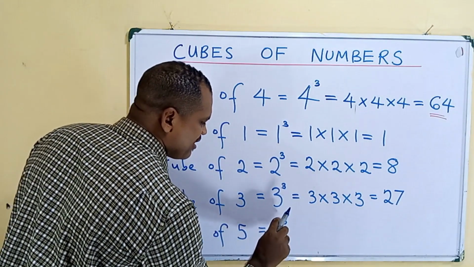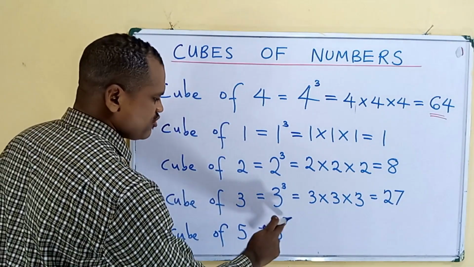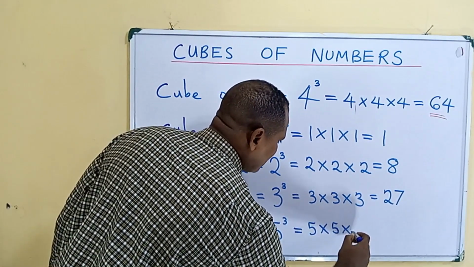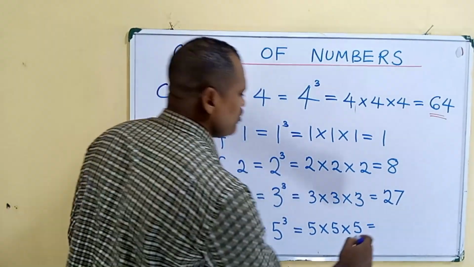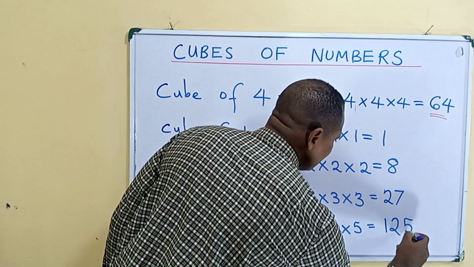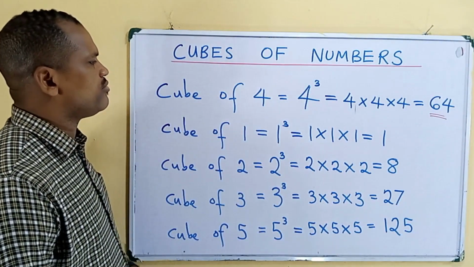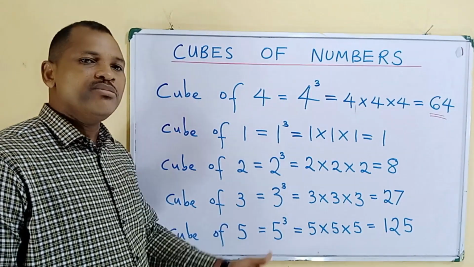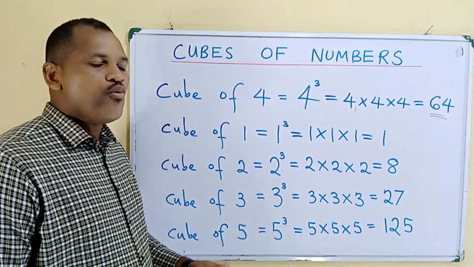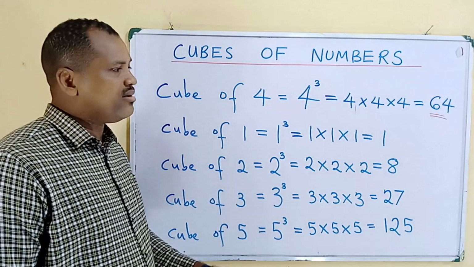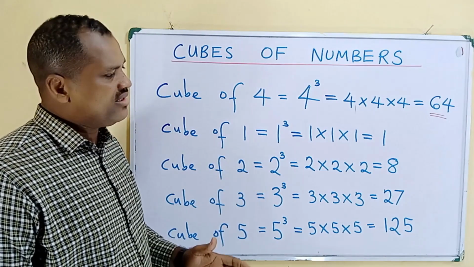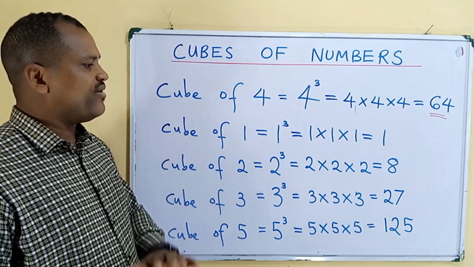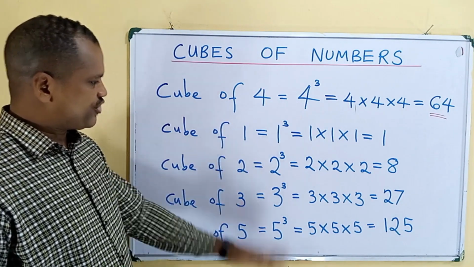Your normal 5 and a small 3 above it, somewhere here. And this means 5 times 5 times 5. And this will give you 125. So, if someone asks you the cube of a number, it simply means what will you get when you multiply that number by itself 3 times. So the cube of a number is very, very simple.